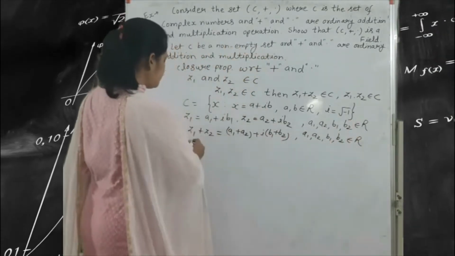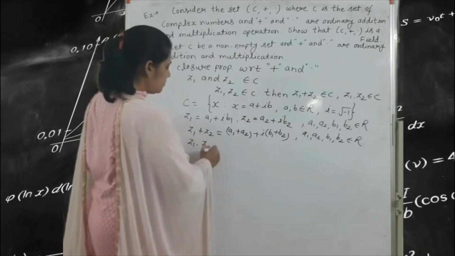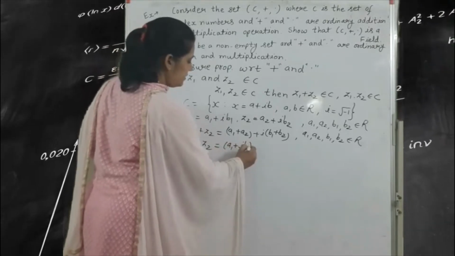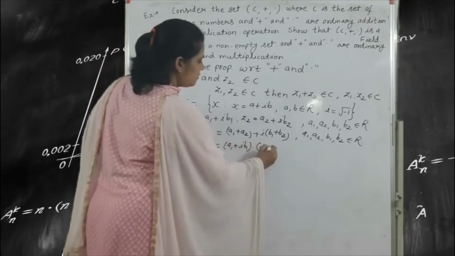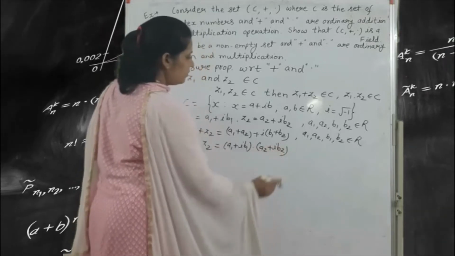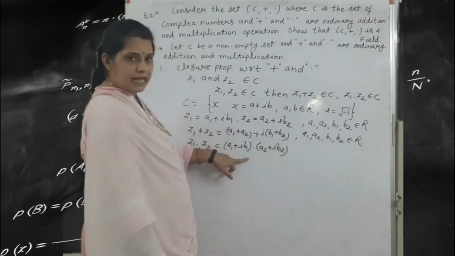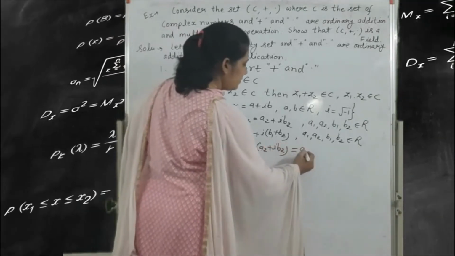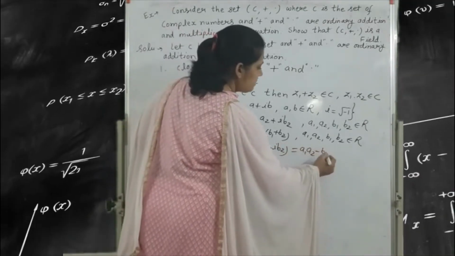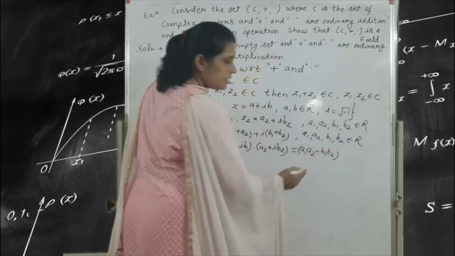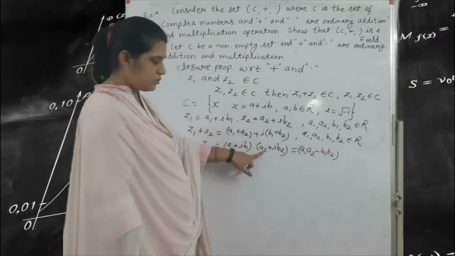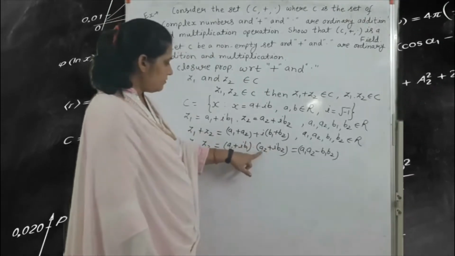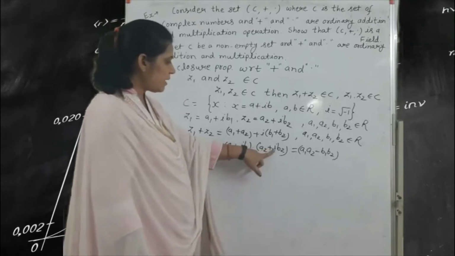Okay, and the second one is Z1 dot Z2. That means (a1 plus ib1) dot (a2 plus ib2). So you multiply both the terms: a1 a2, a1 into ib2, ib1 into a2, and i square b1 b2.